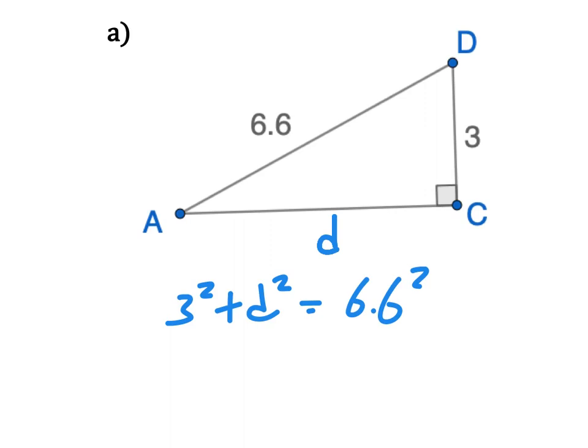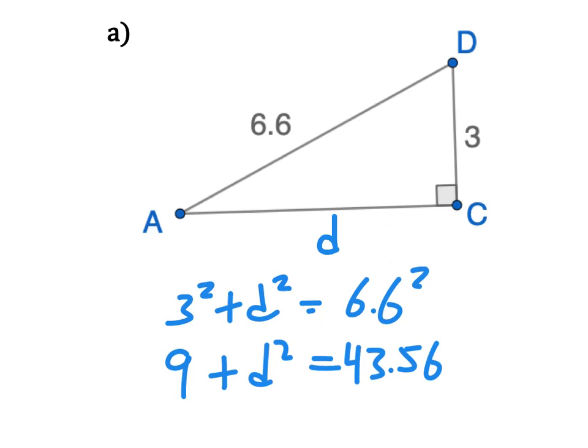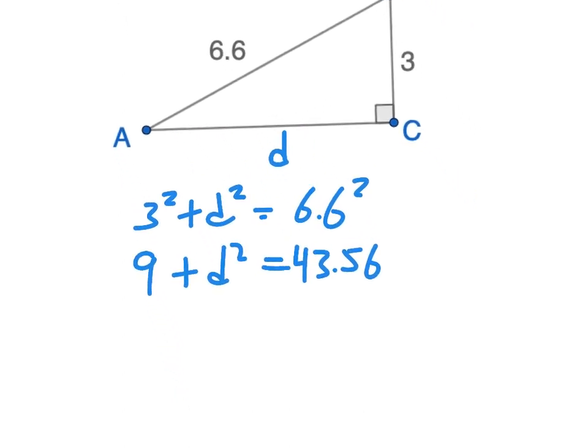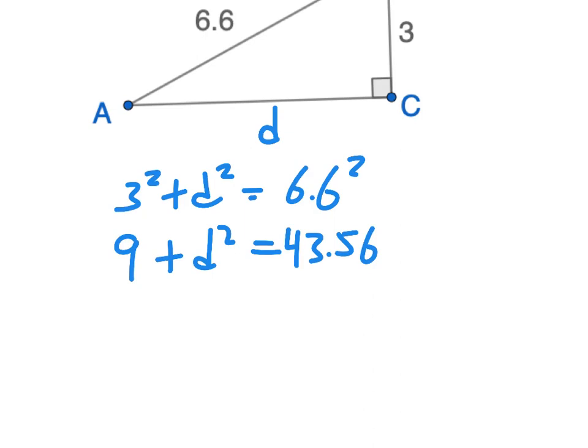And so we get 9 plus d squared equals 43.56. You can actually leave it alone and go to your calculator. I'll show you in a second. You can get this a little quicker.